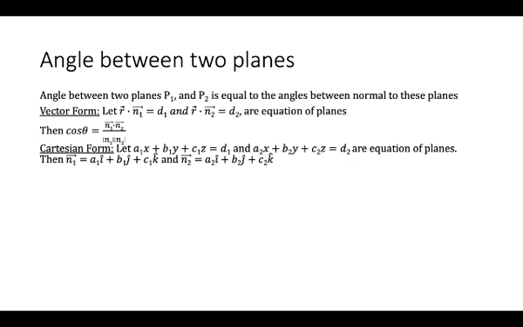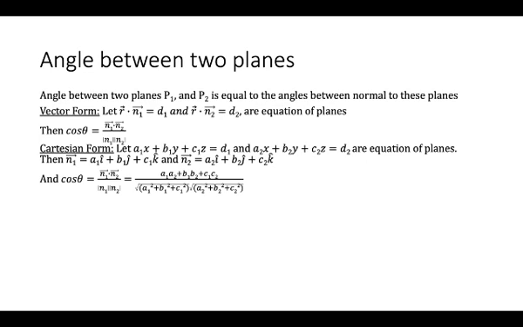vector n2. Cartesian form. Let a1x plus b1y plus c1z equal to d1 and a2x plus b2y plus c2z equal to d2 are equation of planes. Then vector n1 equal to a1i plus b1j plus c1k and vector n2 equal to a2i plus b2j plus c2k.